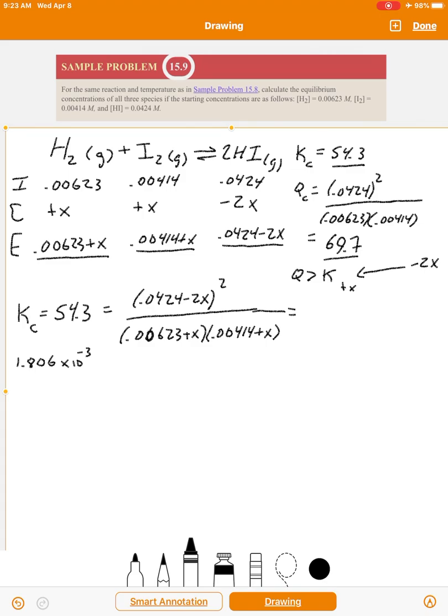Then we multiply this 2x by 0.0424 and then double it. Okay, so 0.0424 squared minus 2 times 0.0424 times 2x. So you get minus 0.1696x.